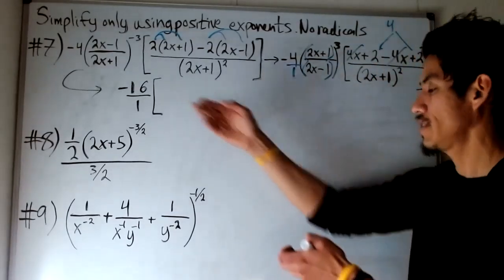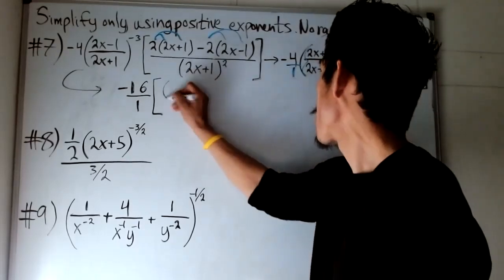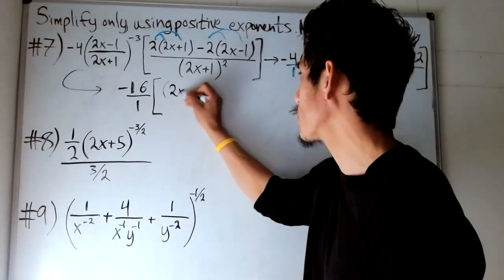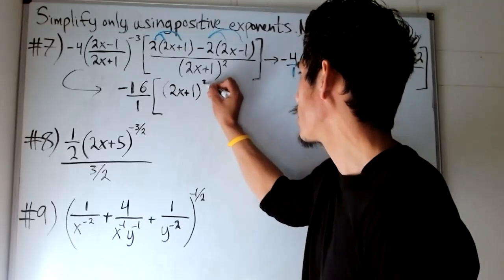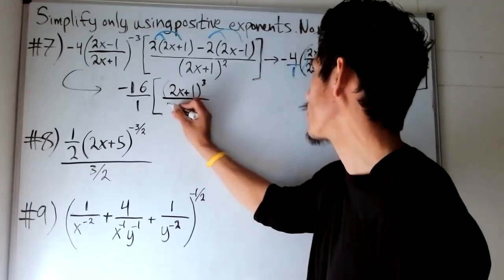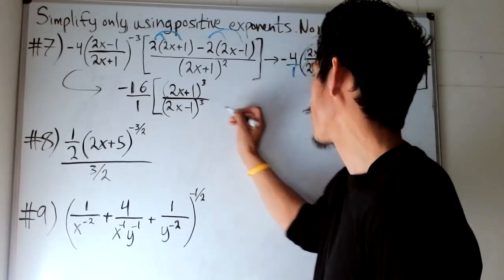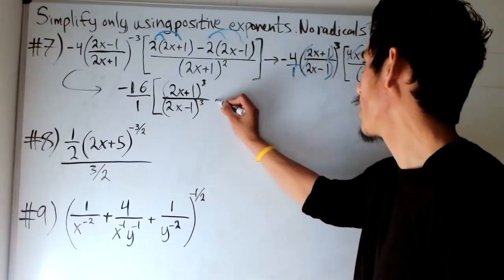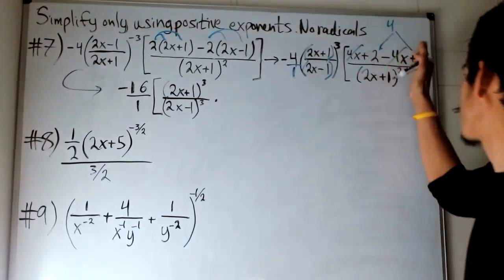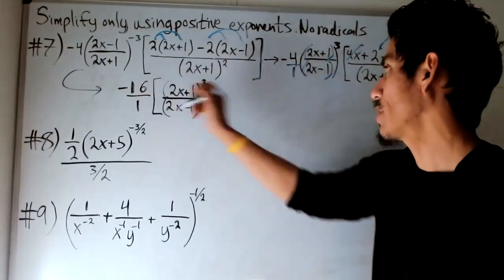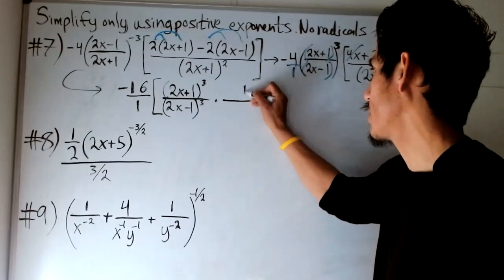So what we can do then is rewrite this as 2x plus 1 to the third over 2x minus 1 to the third. And then this 4 is already gone because we already moved it to the front there. So you can just say there's a 1 here.